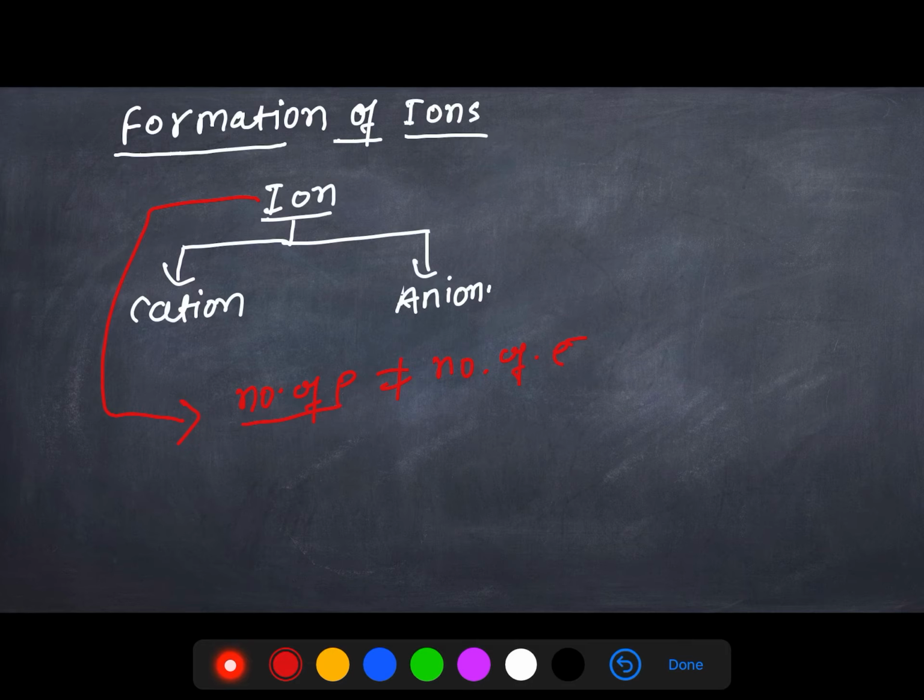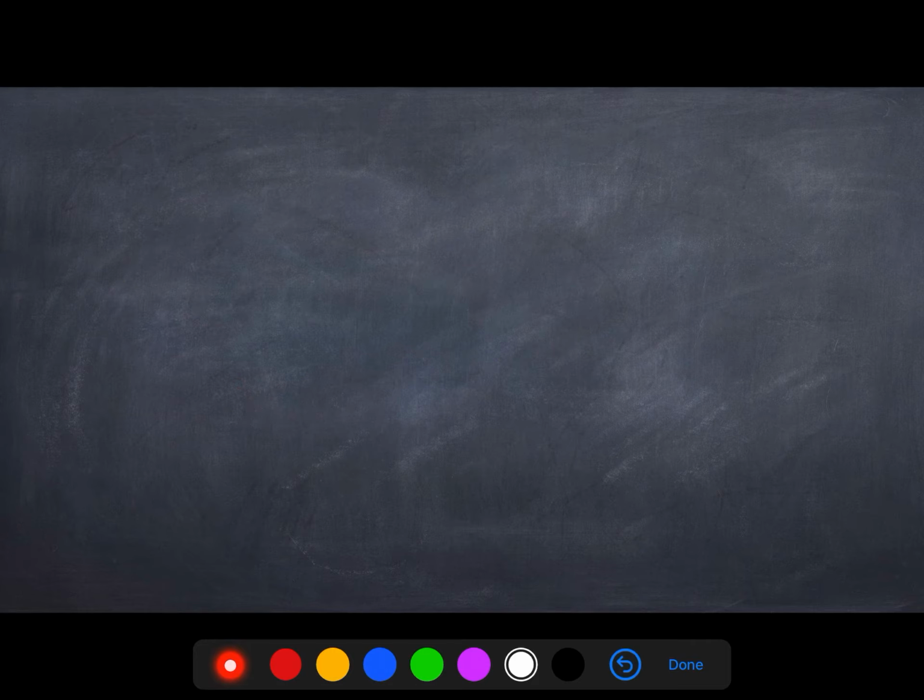We also know that you cannot change the number of protons for any particular atom in normal reactions. You cannot change the number of protons, you cannot change the number of neutrons. All that you can change is the number of electrons, right? So basically the atomic number and the atomic mass will remain the same if any atom is undergoing a chemical reaction.